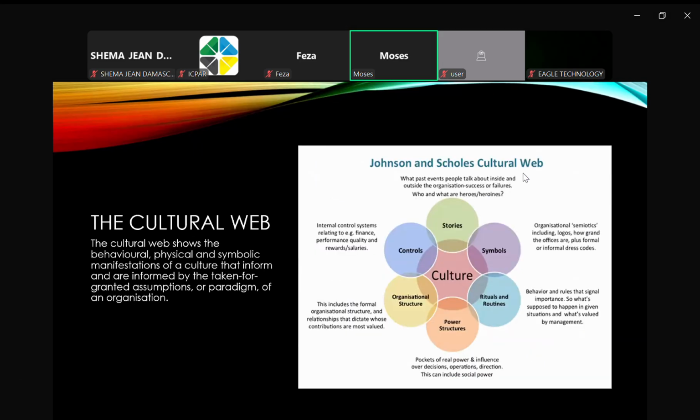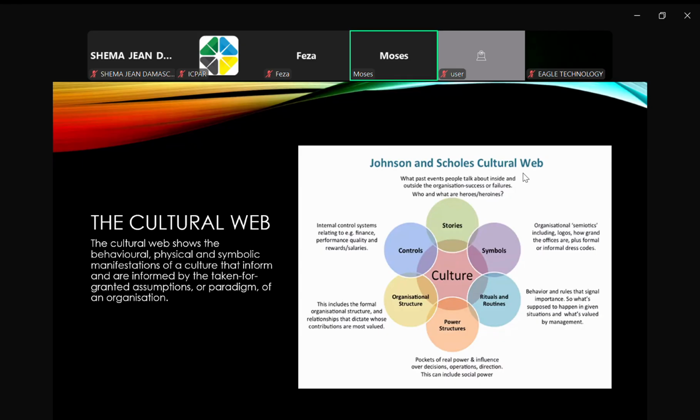We're moving to something else, something called culture. Culture is a set of taken for granted assumptions, you know, these are assumptions, behaviors that an organization swears by. And one of the common models of culture that you would get in your examination is the culture web.